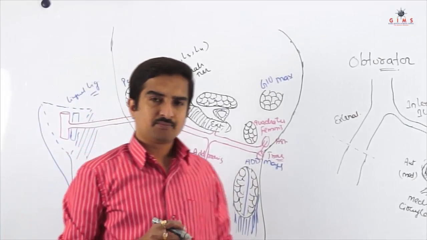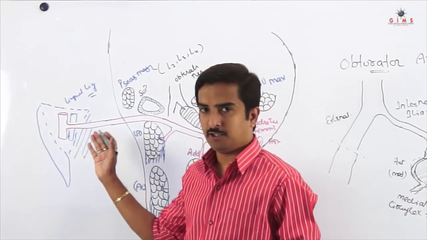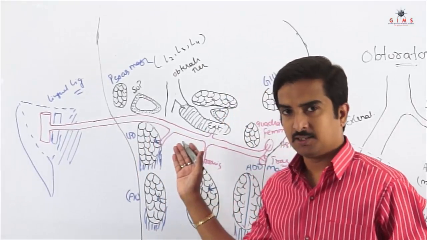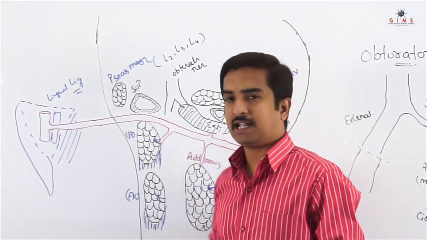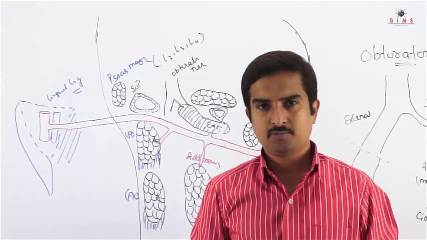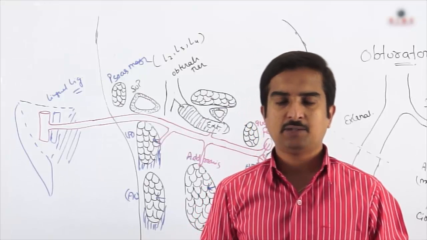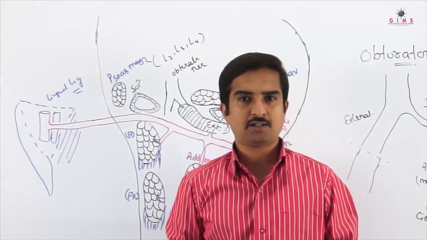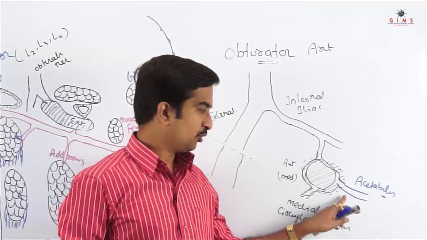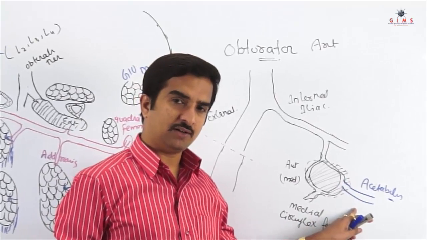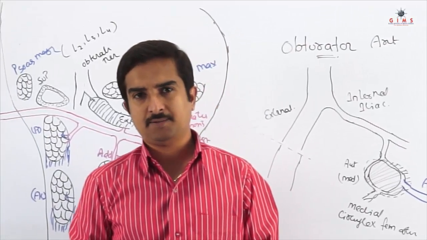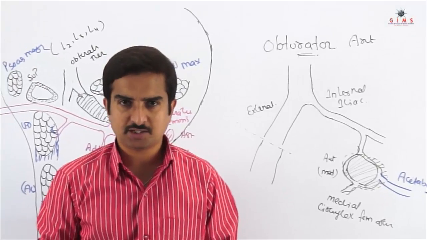Not only that, while it is passing from the femoral triangle towards, or between, the psoas major and pectineus, it also gives off a branch to the acetabulum called the acetabular branch. As we studied in the obturator artery, the posterior division of the obturator artery is also giving a branch to the acetabulum, where it gives blood supply to the fat which is present in the acetabular fossa.